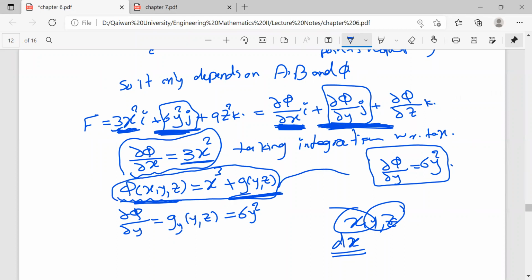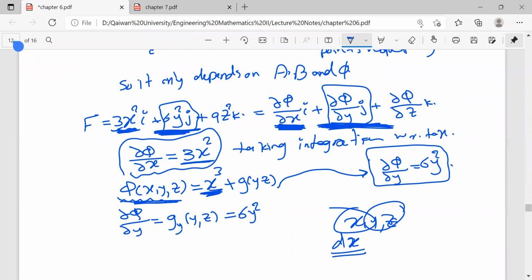And we say partial phi by partial y equals 6y squared. That means we take the partial derivative for this function with respect to y and we equal it to 6y squared. The first term is 0 because here we have no y.